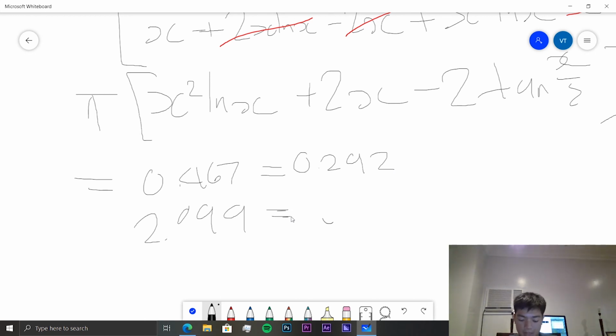And then for this one, we have 2.099 squared ln 2.099 plus 2 times 2.099 minus 2 tan 2.099 divided by 2. So this is around 3.982.